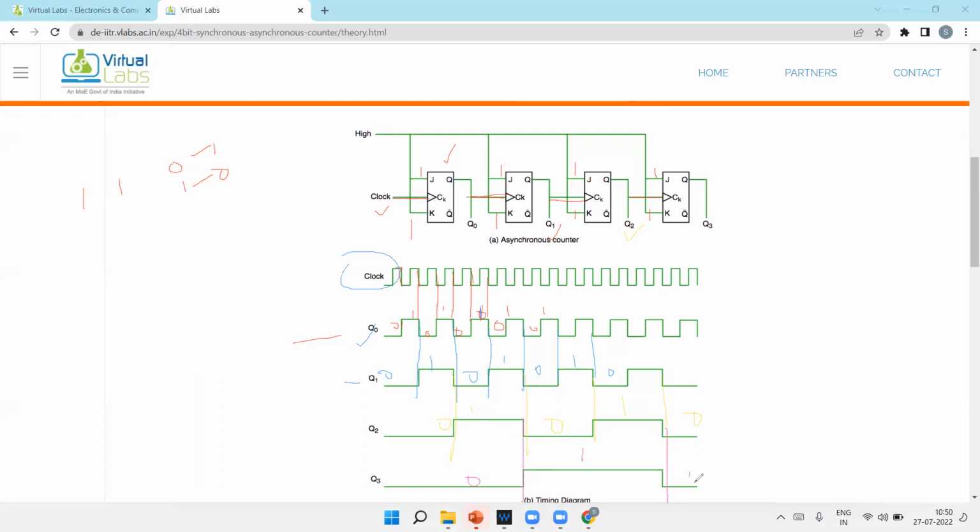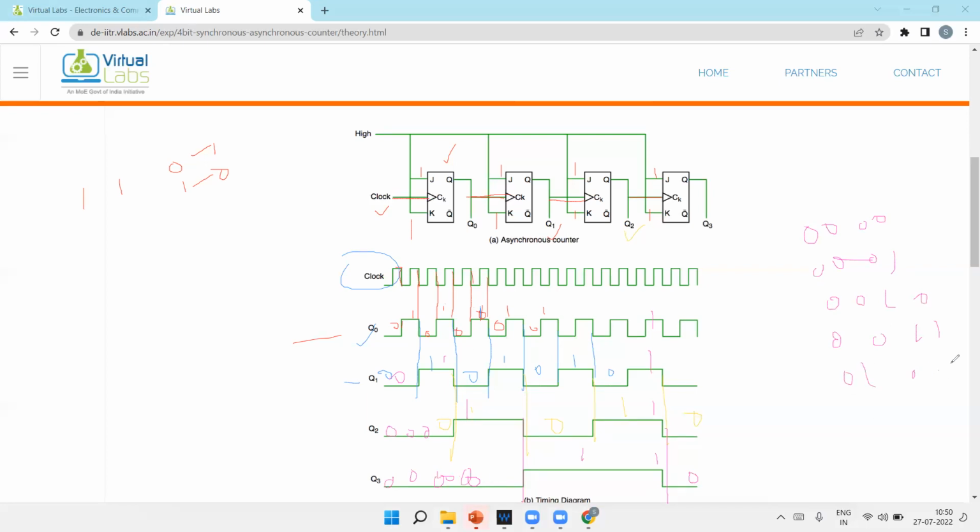This is a 4-bit counter, so all the combinations, see here: 0 0 0 0, 0 0 0 1, 0 0 1 0, 0 0 1 1, then 0 1 0 0.